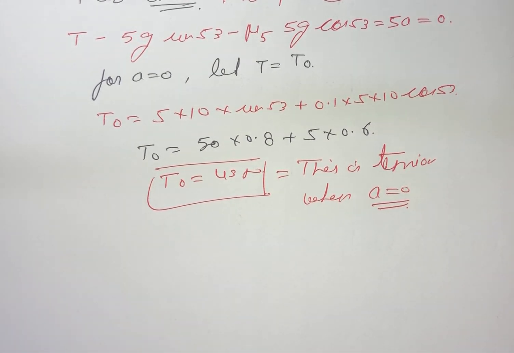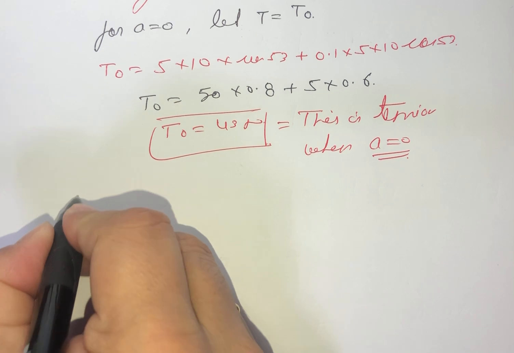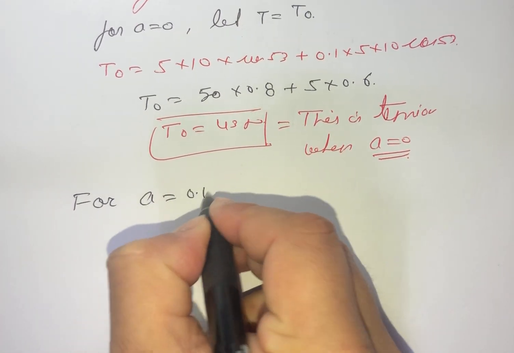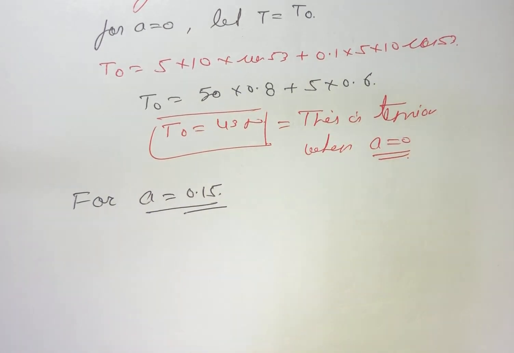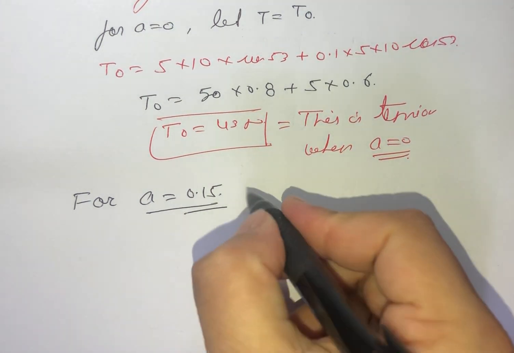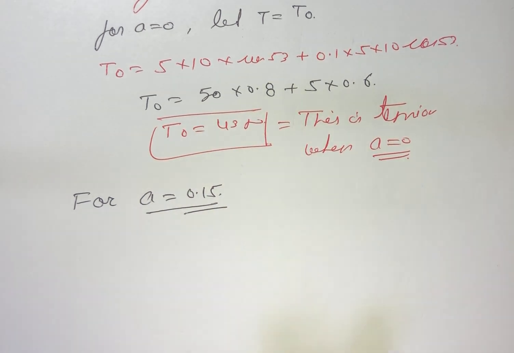In the second part, for acceleration is equal to 0.15. So under this condition we are once again going to use the same equation. Okay. But just remember that acceleration is a retardation.